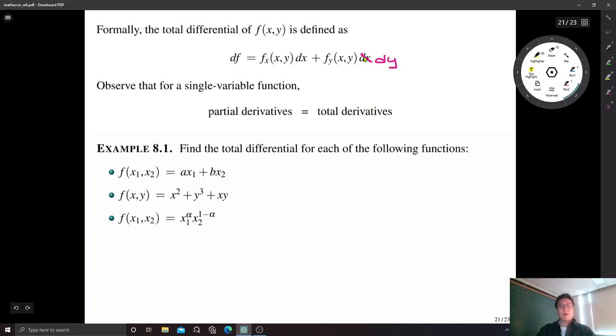The differential is defined as the sum of these two variations. Of course, in case of a single variable function, if the function depends on just x, then we don't have the second term, and the total differential will coincide with the ordinary derivative.